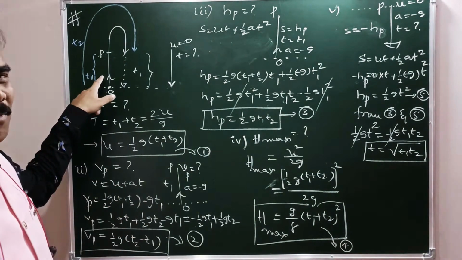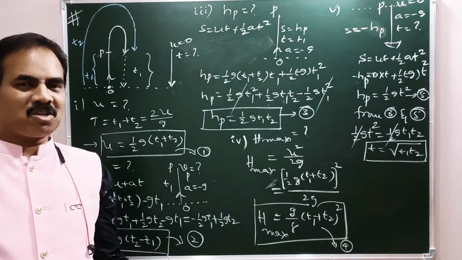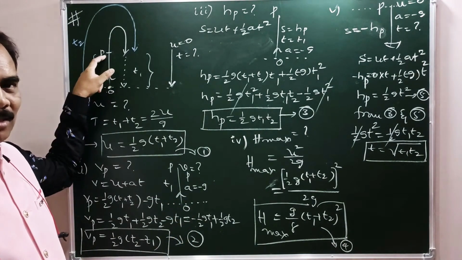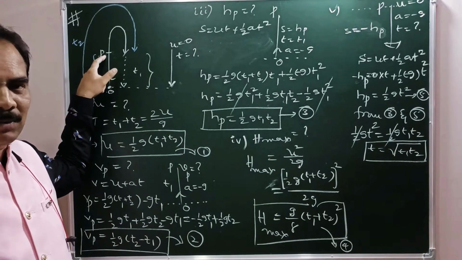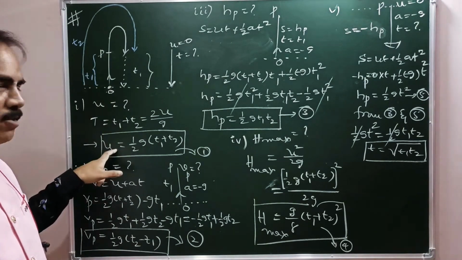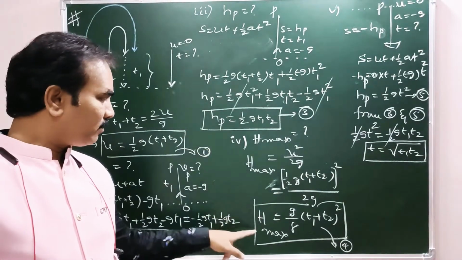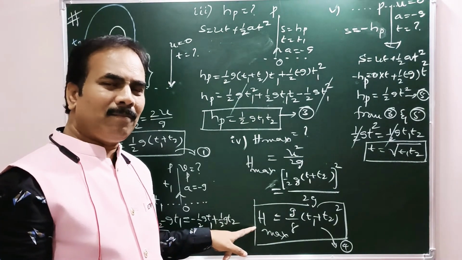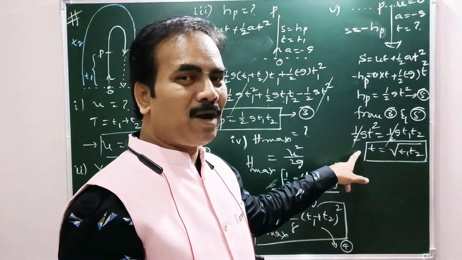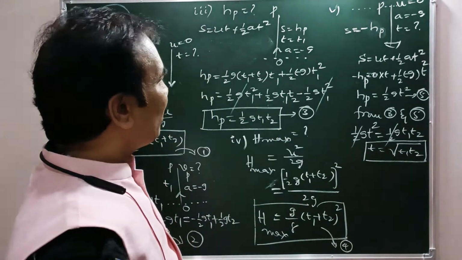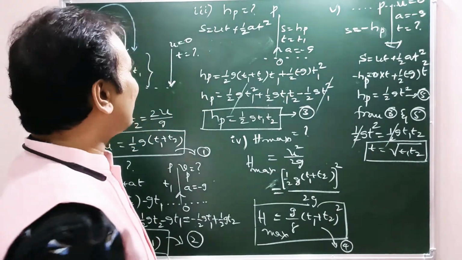Suppose one body is projected vertically upwards from the ground with some unknown velocity and reaches one point P in its path at t equal to 2 seconds and 4 seconds respectively. In that case, find the velocity of projection, velocity at point P, height of point P from the ground, and maximum height raised by the particle. Similarly, if a second body is also dropped from the same point P, find the time taken in terms of T1 and T2.